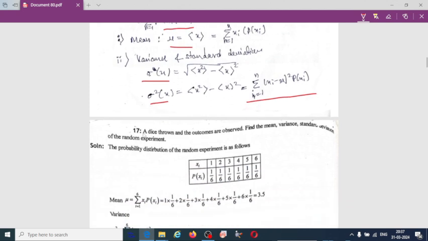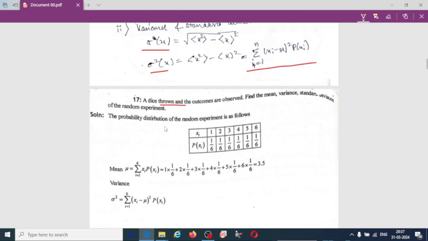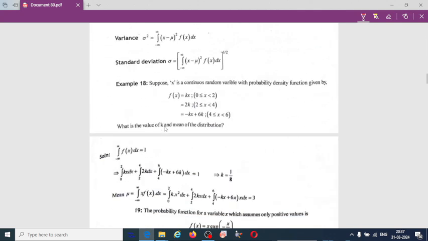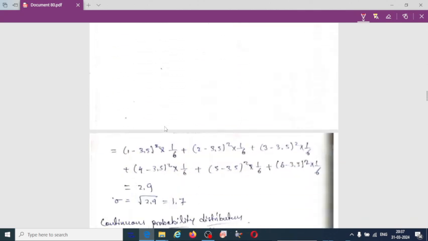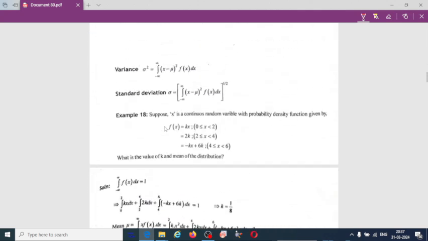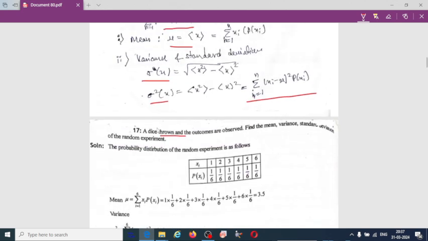Here let us take one example. A dice is thrown and the outcomes are observed. Find the mean, variance and standard deviation of the random experiment. If we consider a dice, how many faces are there? 6.